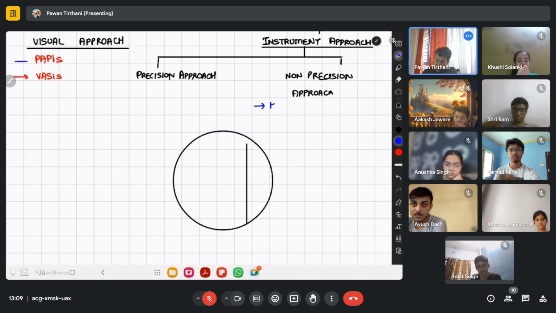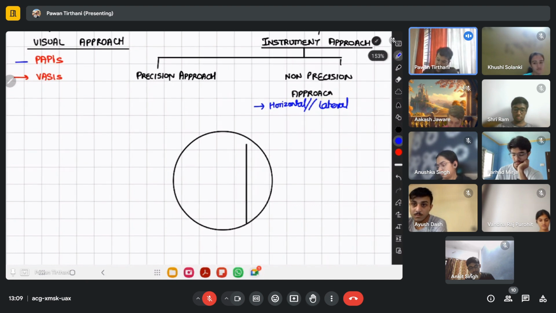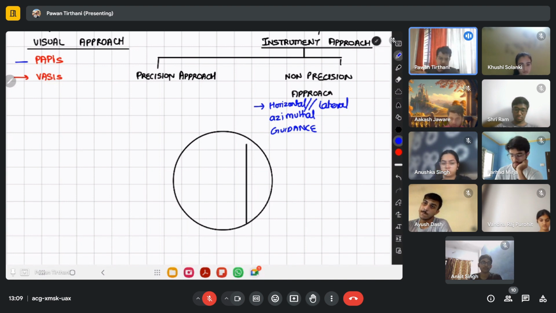Three things. You can either call it horizontal, you can also call it lateral, sideways guidance, also known as azimuthal guidance. Basically, it is getting guidance in the horizontal plane.